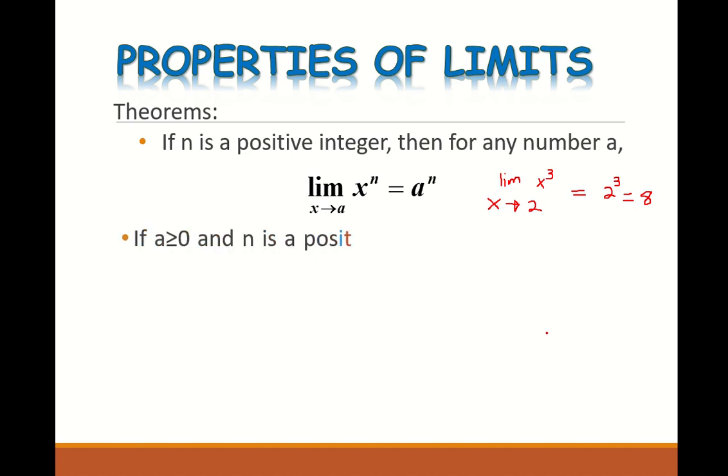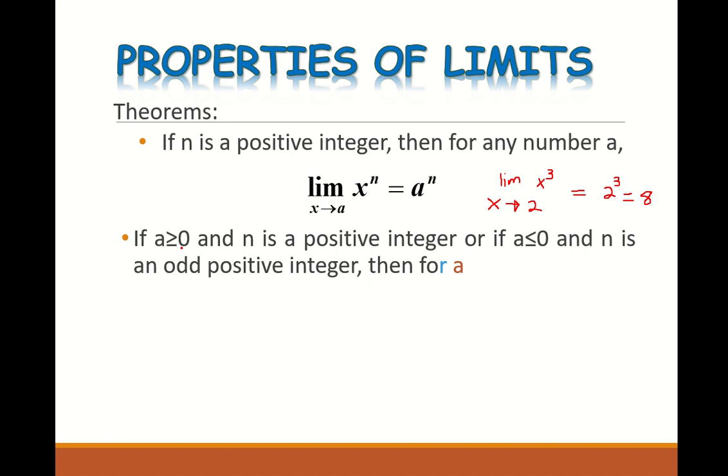Now if a is greater than or equal to 0 and n is a positive integer, or if a is less than or equal to 0 and n is an odd positive integer, then for any a, we have this formula: the limit of the n-th root of x as x approaches a is equal to the n-th root of a.